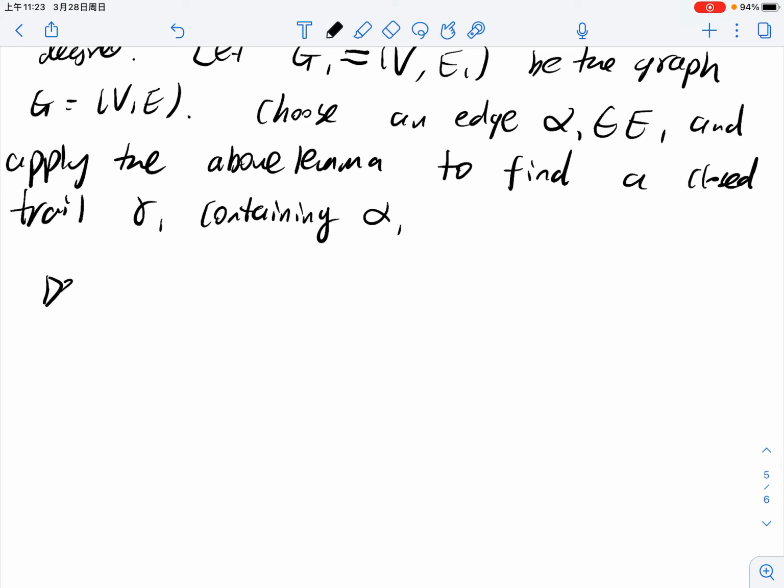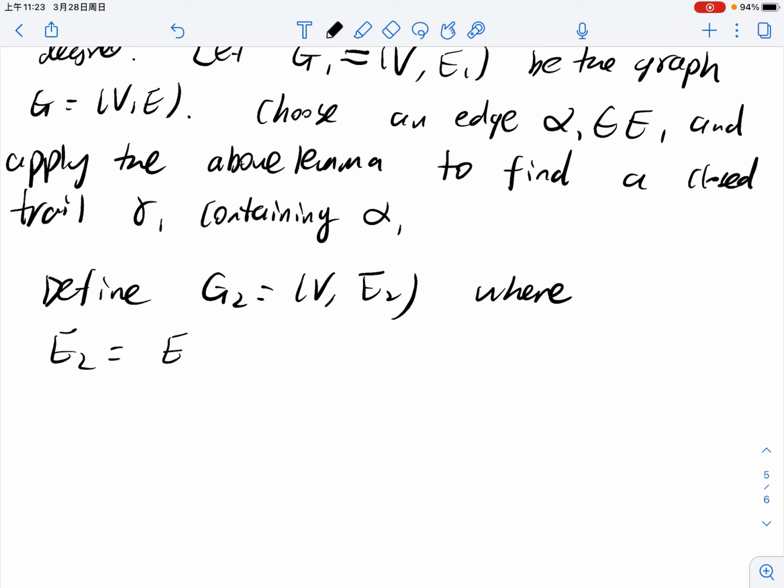Now define G2 to be (V, E2), where V is still the vertex set, and E2 is defined by E1 getting rid of all the edges alpha that belong to gamma 1.